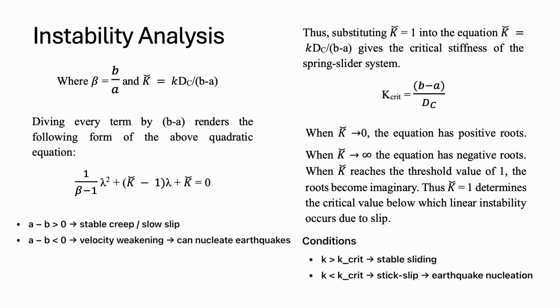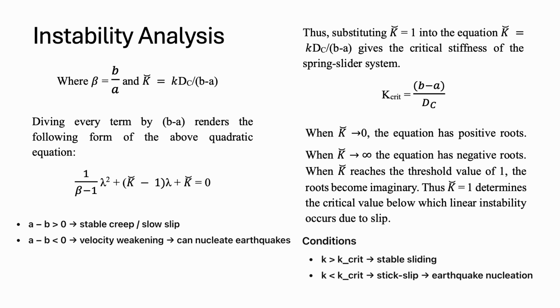So in this quadratic equation, the term beta is equal to b by a, and these b and a are the same parameters in the rate and state friction equation, and k cap is equal to the stiffness k times the characteristic distance dc divided by b minus a. Then we divide both sides by b minus a, which renders this second set of equations over here.